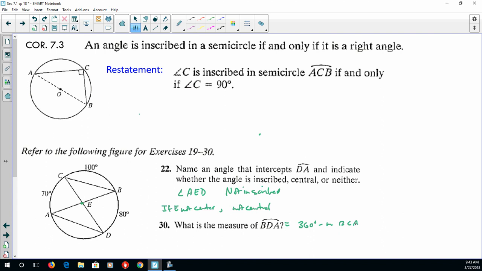So this is 360 minus 70 minus 100. So 360 minus 170, that's 190 degrees. That's the easiest way to do it. I did it some other stupid way in my notes, and that's why I'm fumbling it here.